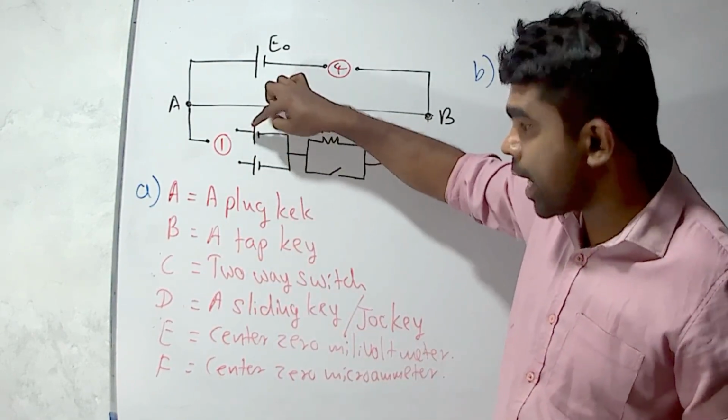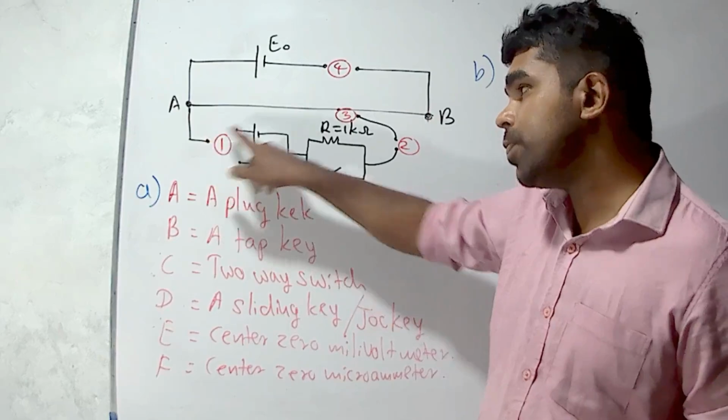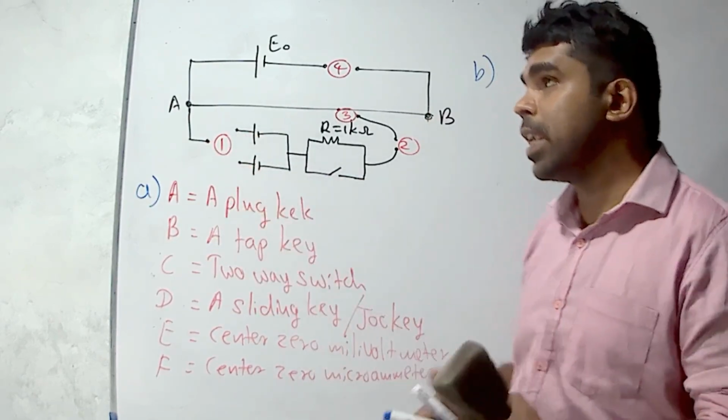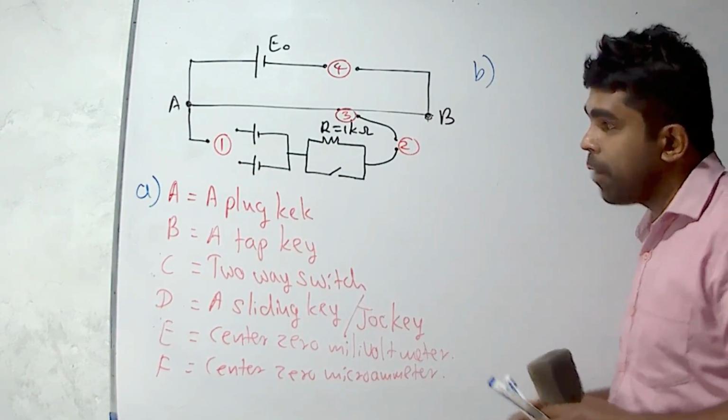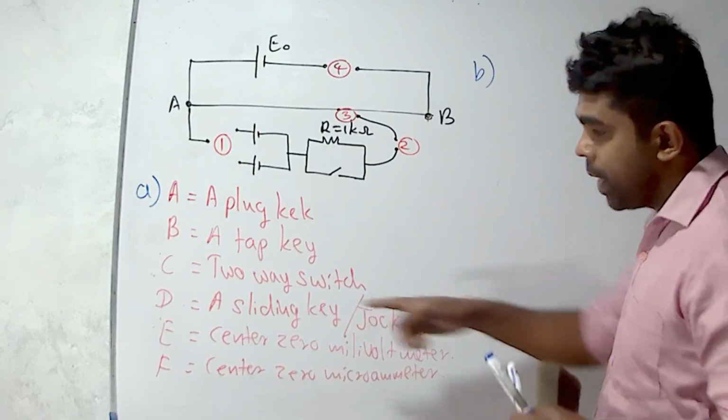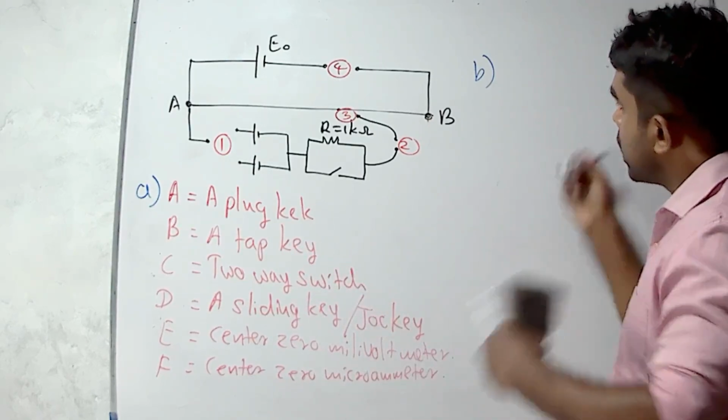In comparing electromotive forces, we have to select this path and this path separately to get readings. Therefore, B is a two-way switch. It means the answer is C.